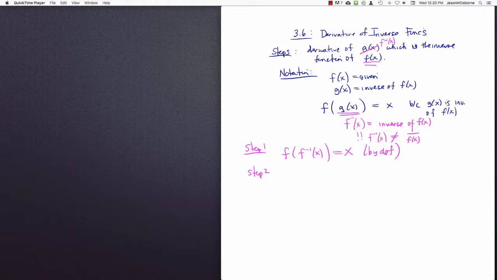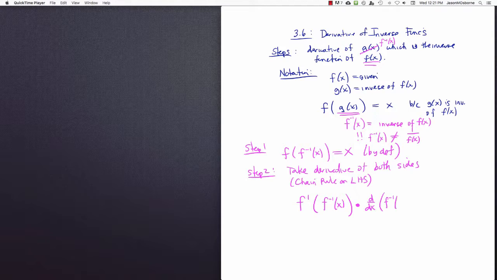Step 2, take the derivative of both sides, which means that via the chain rule on the left-hand side, you're going to get the derivative of the outside function evaluated at the inside function, and then you multiply by the derivative of the inside function. The derivative of the inside function is just the derivative of this inverse that we would like to figure out how to find. The derivative of the other side, x, is equal to 1.